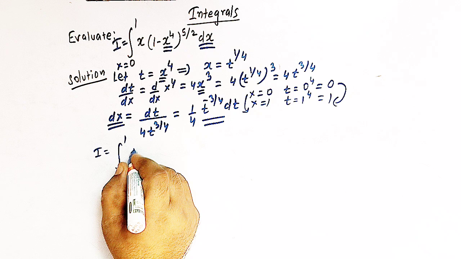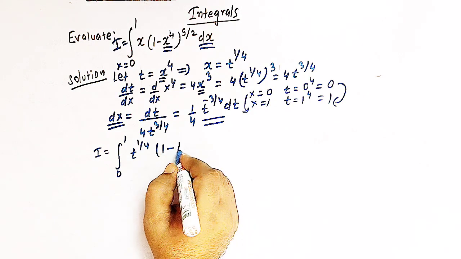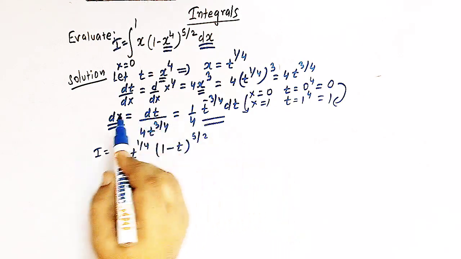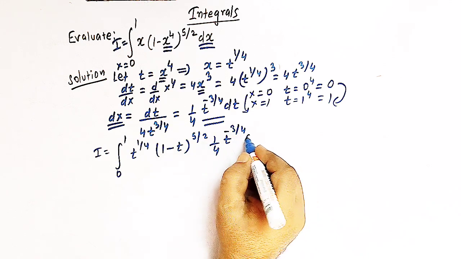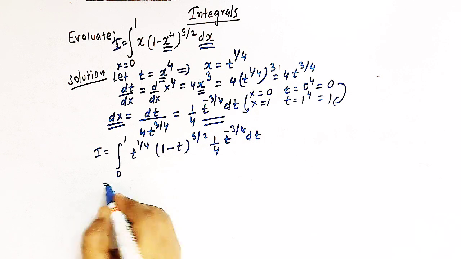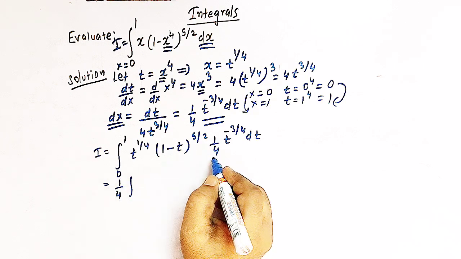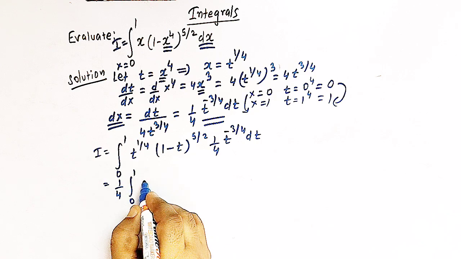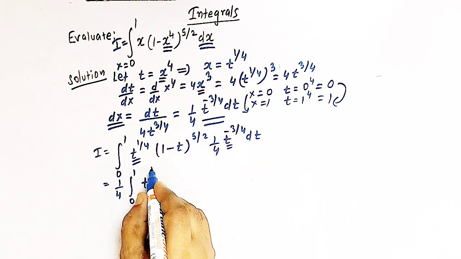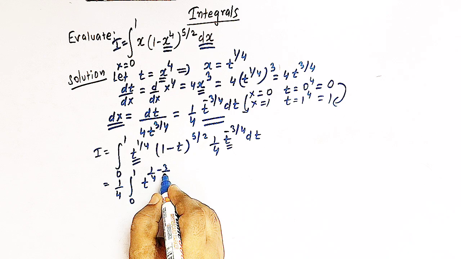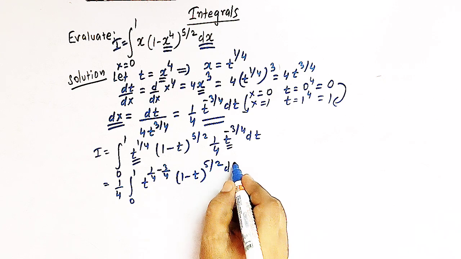For x we can write t^(1/4), and here we have (1 minus t) raised to 5/2, and for dx we can write (1/4)t^(-3/4) dt, right? Now we'll simplify this expression, and we have 1/4 outside the integral, from 0 to 1, and here we have t^(1/4) and t^(-3/4), so we have 1/4 and minus 3/4, and here we have (1 minus t)^(5/2), and this is dt.